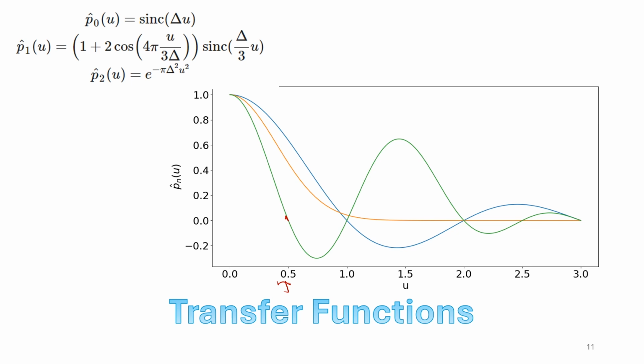The horizontal axis here is in units of 1 over delta, so this is the frequency in units of 1 over delta. To avoid aliasing, we need the measurement bandwidth to go to 0 at 1 over 2 delta, which would be here. Now the measurement signal, of course, is the product of the Fourier transform of the pixel sampling function, the transfer function, times the signal.